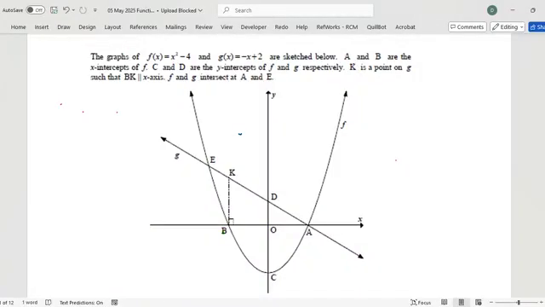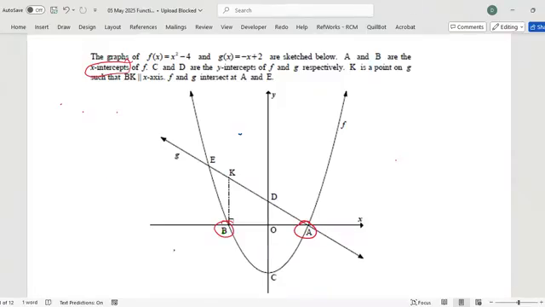Okay, so we're told that A and B are the x-intercepts. Guys, make sure that you read. How do we find the x-intercept on a graph? When you're looking for the x-intercept, in place of y, you put 0.